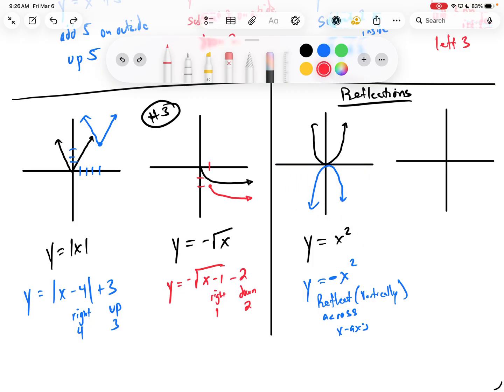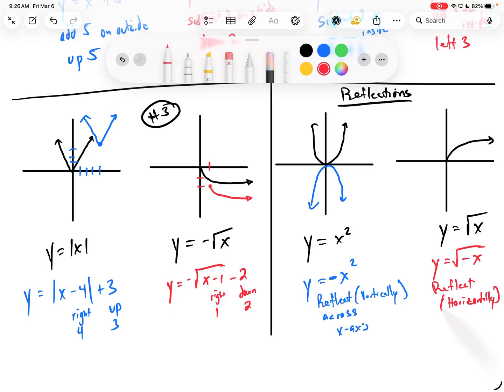Okay. If I have, got to think about this one for a second, the square root of x, and I put a negative on the inside. Inside always does left and right. So this is going to reflect horizontally.